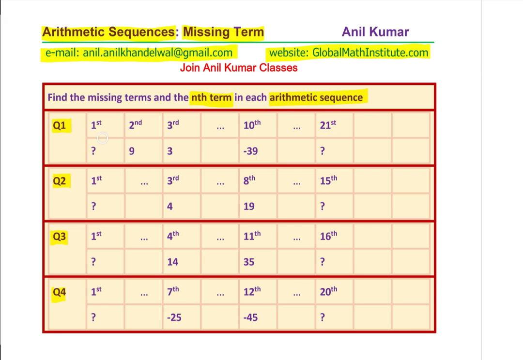So basically, in the first one, you have to find the value of first term A, the starting point, and 21st term value when you are given second, third, and 10th terms. In question number 2, you again have to find A. So A, you can see the initial value is a must to find in all these cases, and that really helps you to find the nth term, right?